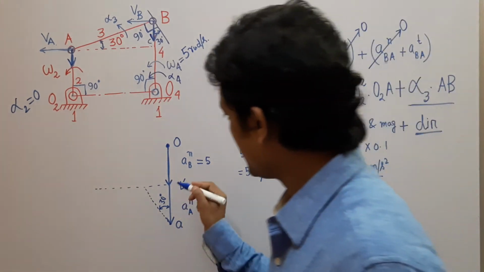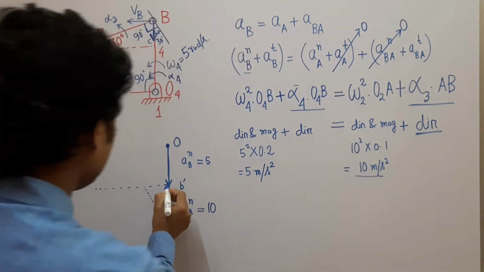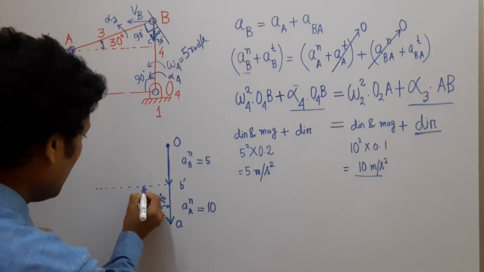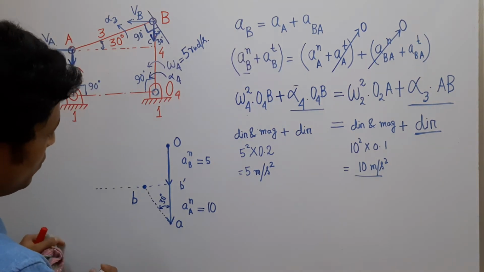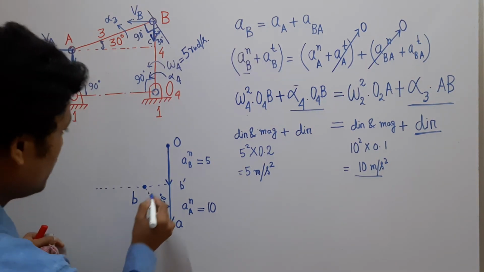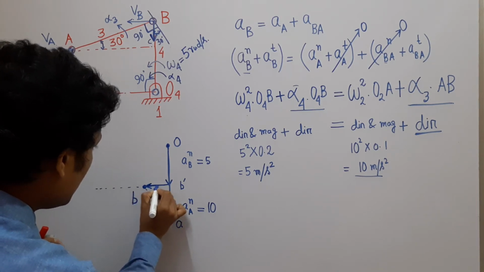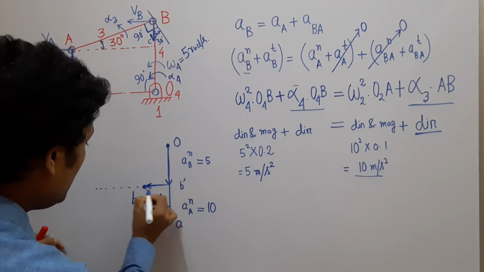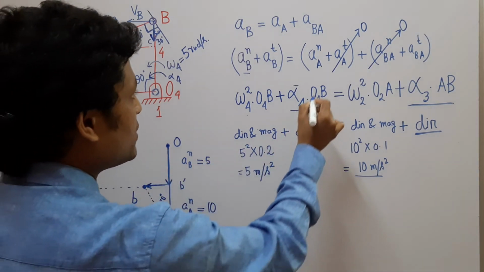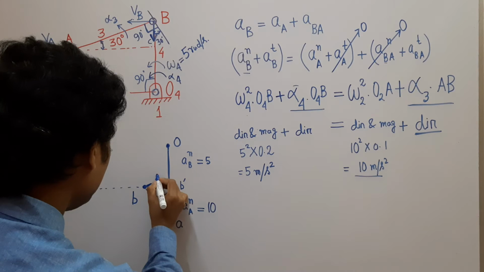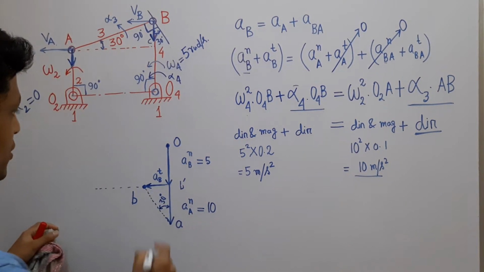Now it intersects the direction of alpha 4 O4B, that is the direction of alpha 4 AB, at point P. So at this instant, what does this vector B dash P represent? It represents ABT, the tangential component.